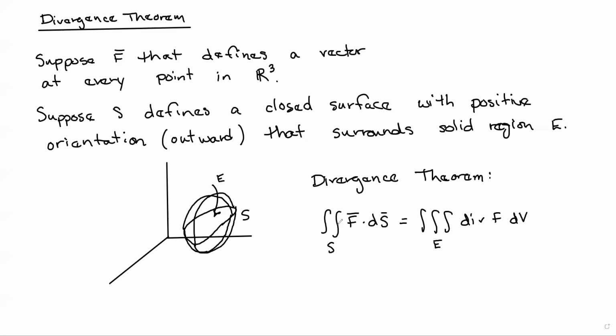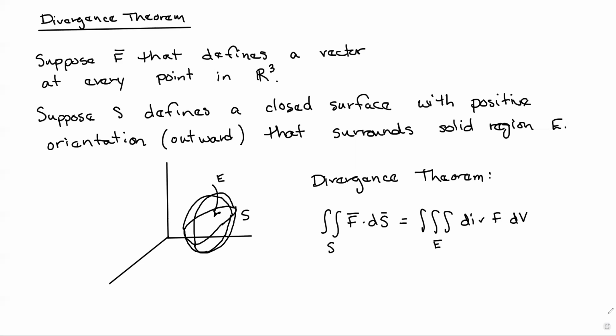So on the left side, we've got the double integral of F dot dS. That's a flux integral, so that's finding the flow across the boundary of the surface. And on the right side, we have a triple integral of the divergence of F across object E.